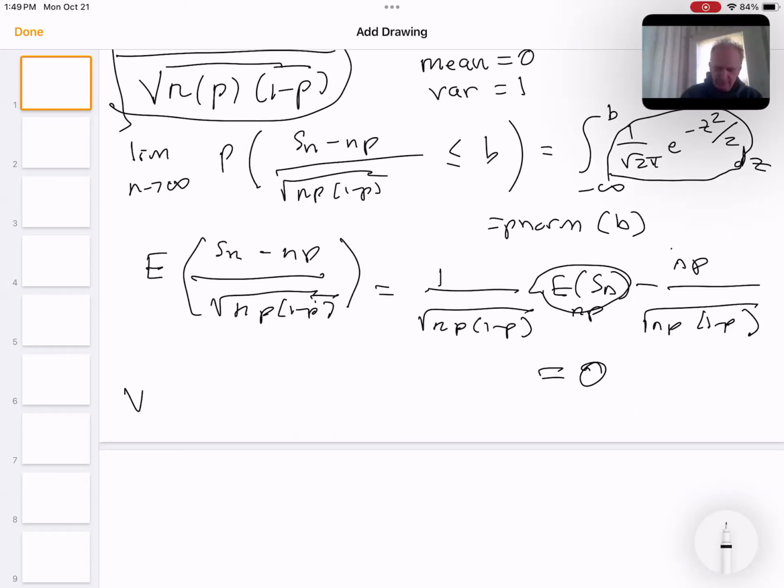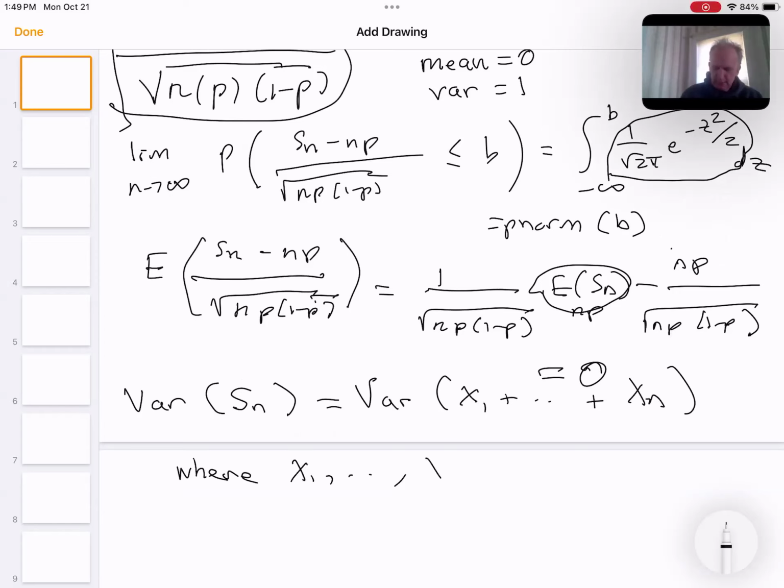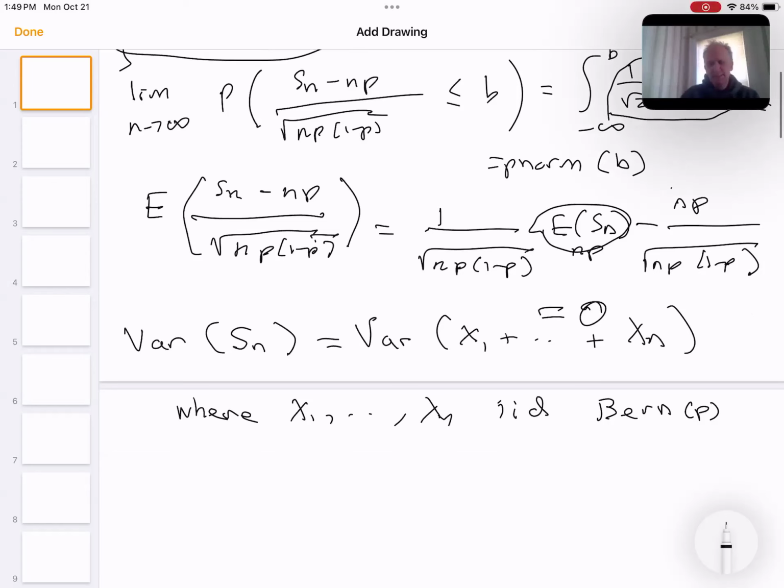All right, now what about the variance? What's the variance of Sn? Well, if I think of Sn as the sum of n IID Bernoullis, this is the variance of x1 plus dot dot dot plus xn, where x1 through xn are IID Bernoulli p. We said previously that the expected value of the sum is always the sum of expected values, so we didn't need to assert independence.